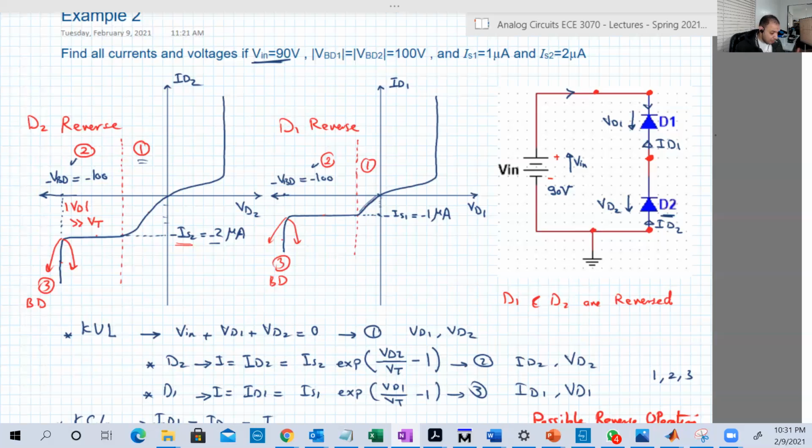Okay? But ID1 can only have, while it's not in breakdown, a maximum current of 1 microampere. It cannot go beyond 1 microampere. But ID2 can have 1 microampere, can have more, up to 2 microamperes. So basically, ID2 will follow ID1 here.